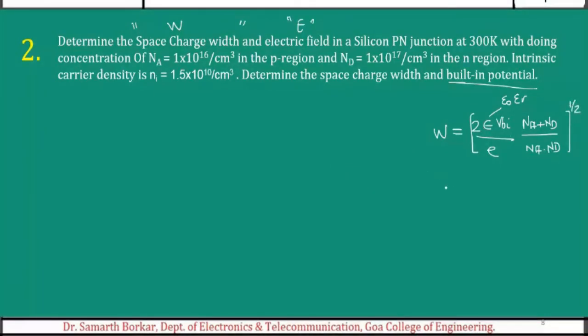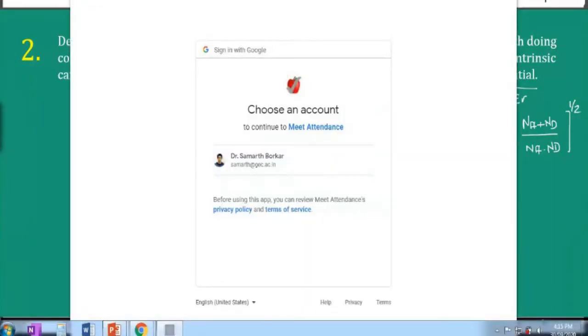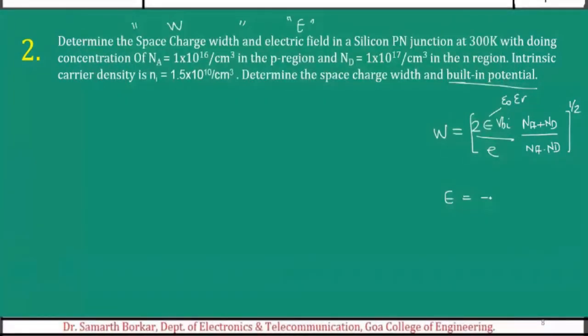And the electric field is minus of charge ND divided by epsilon naught epsilon R times Xn.